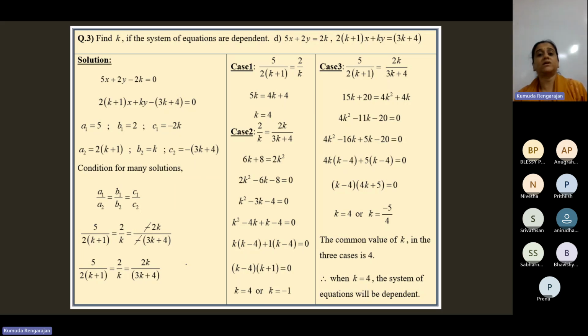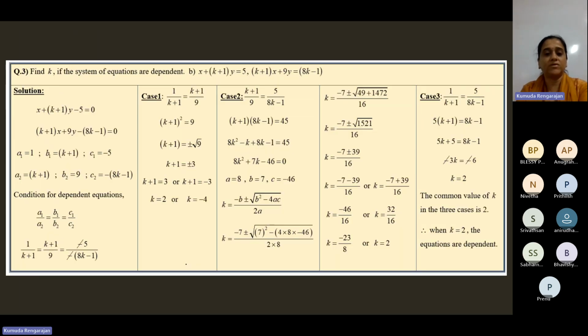Just see if we did this one under dependent. No, it should be soon after this. One minute. It should be after this one. You found this question? No, we have worked this.